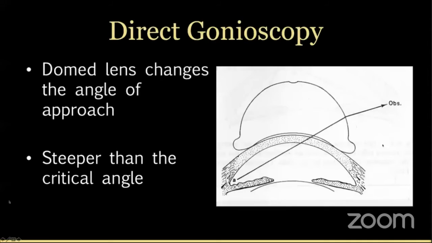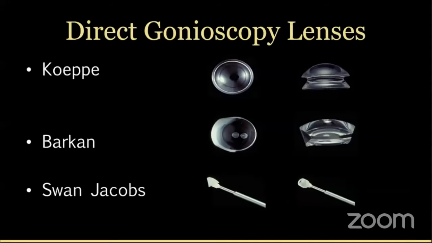The direct technique places a domed lens so that the angle at which the light exits is steeper, and the observer can look directly into the iridocorneal angle. There are a variety of lenses that could be used for this. We're mostly interested in the surgical lenses today, the Swan-Jacobs lens and other variations.